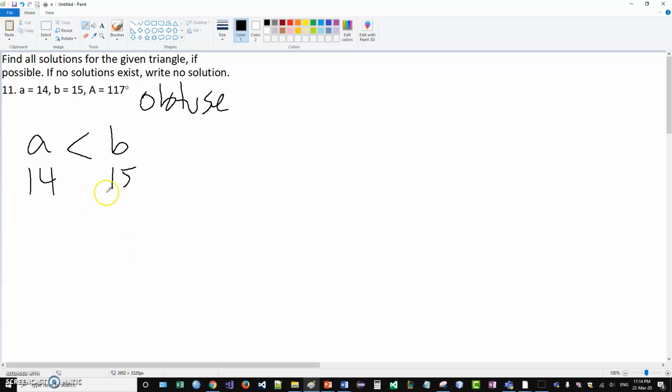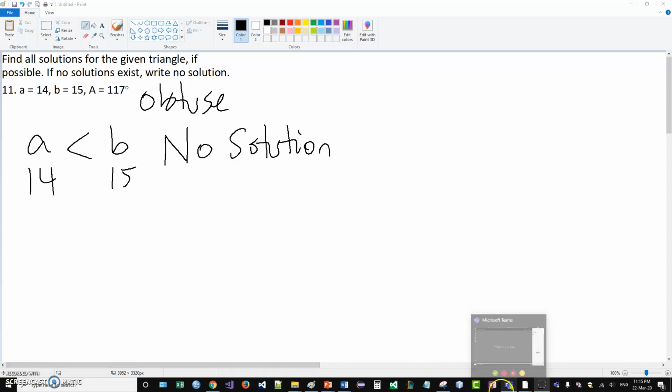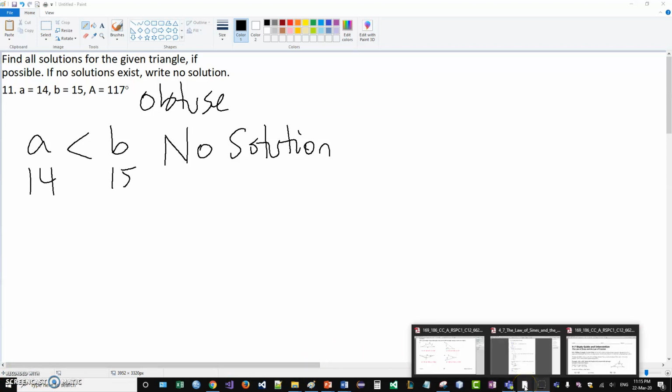So going back here, this problem has no solution. We cannot find a triangle with these specifications. And that's it. So please look at the solution, pause the video, and make sure you understand why we came up with this.